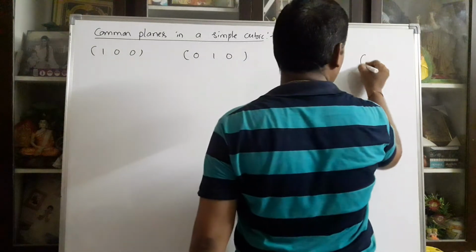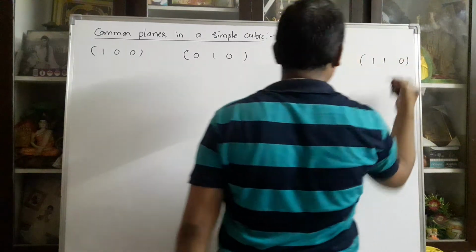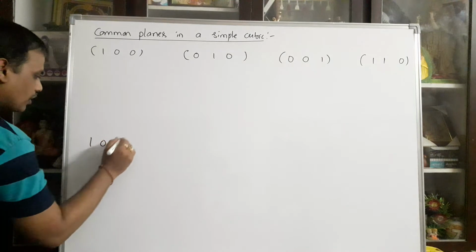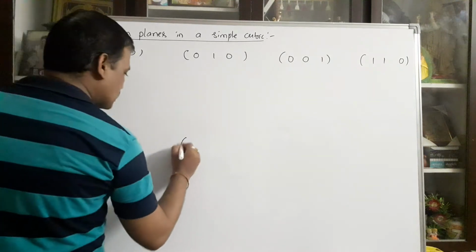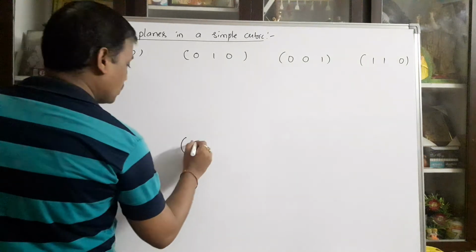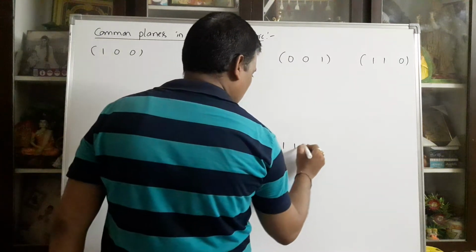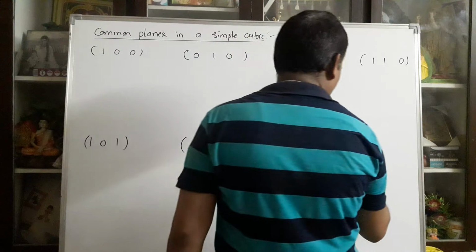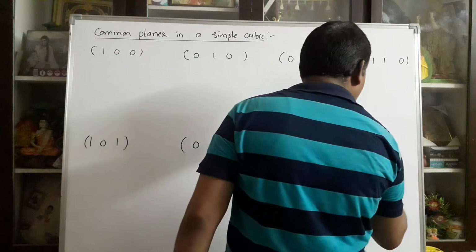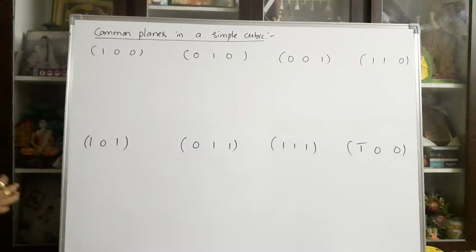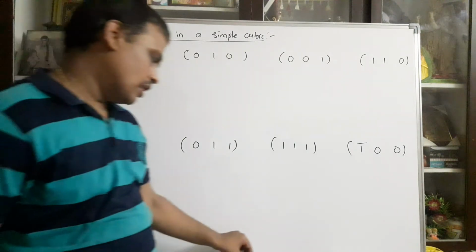The fourth plane is 1, 1, 0. The fifth plane is 1, 0, 1. The sixth plane is 0, 1, 1. The seventh plane is 1, 1, 1. And the eighth plane is 1 bar, 0, 0. Like this, these are the main common planes existing in the lattice.